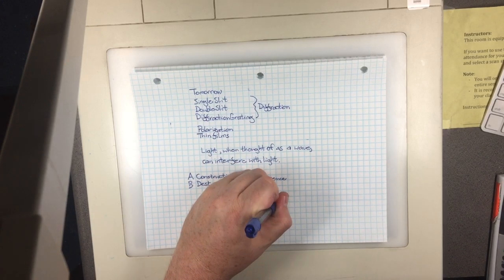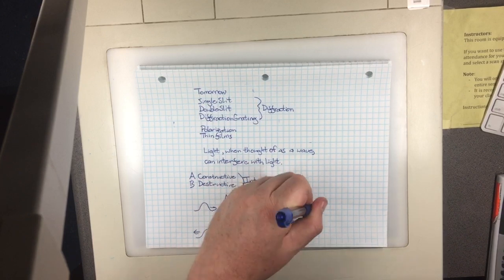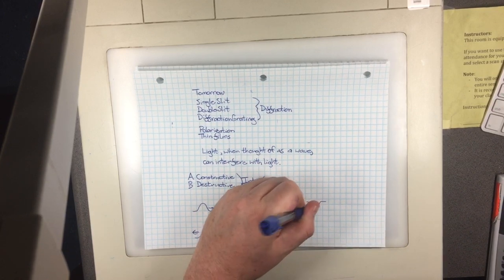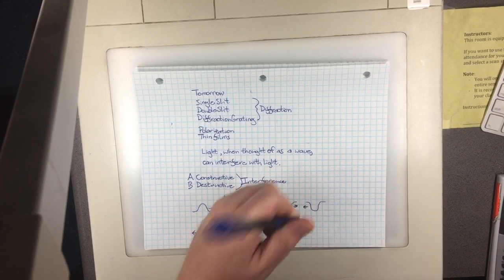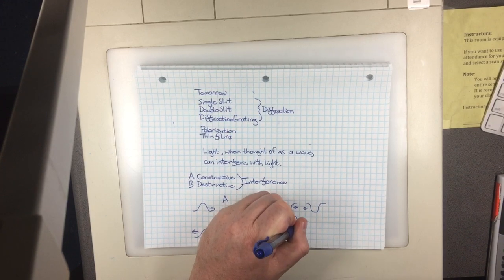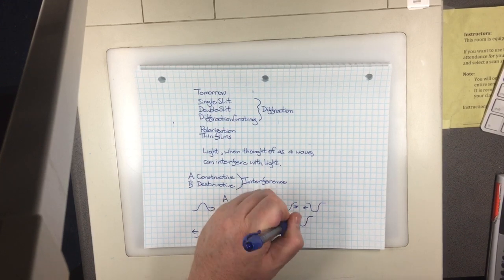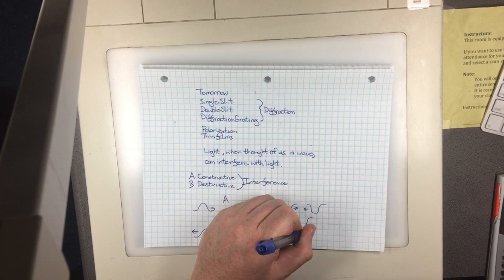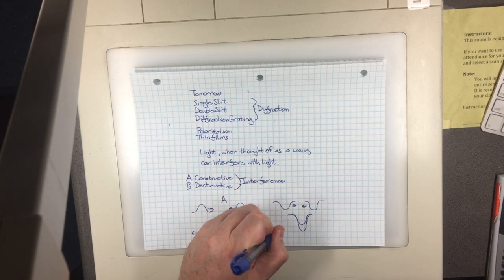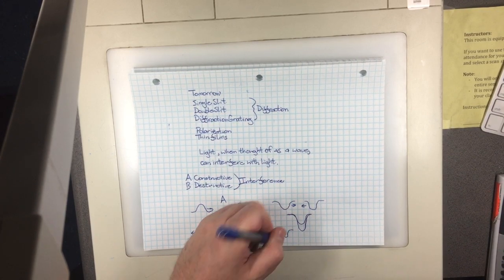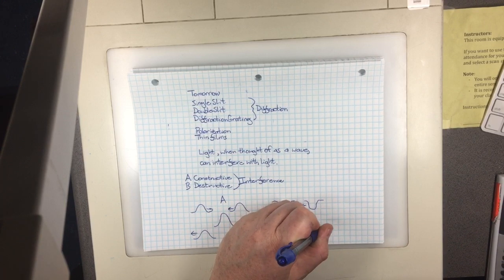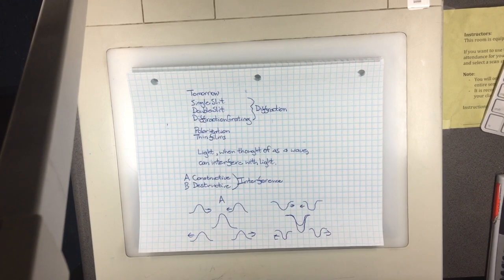You can also get it from two troughs together, and it'll make a bigger trough, and then the troughs go their merry way. So that's a weird smiley face, but the troughs can merge and form a bigger trough.